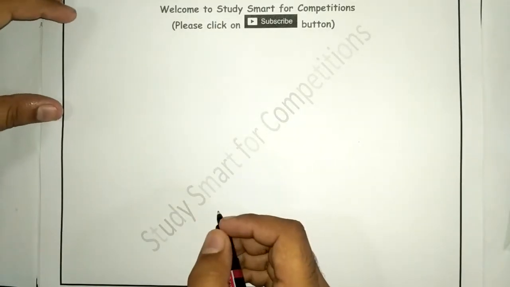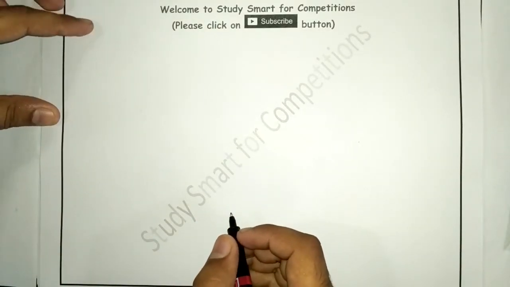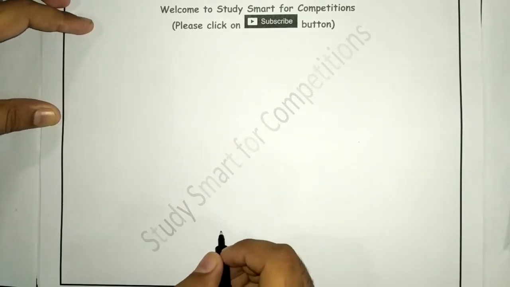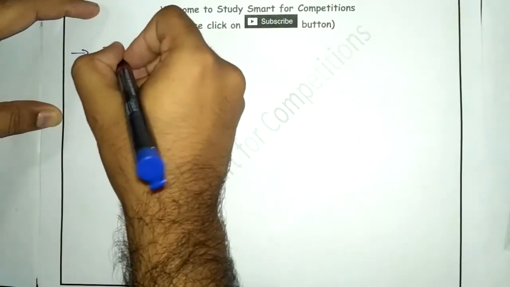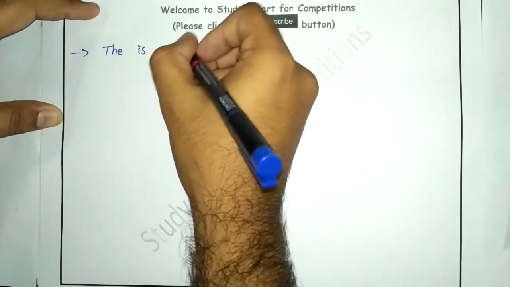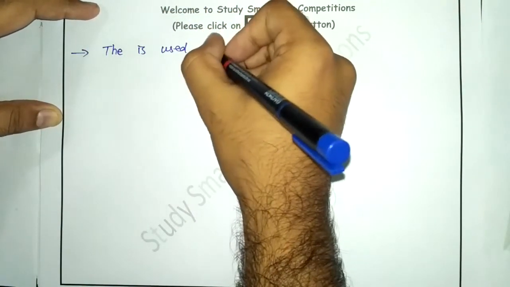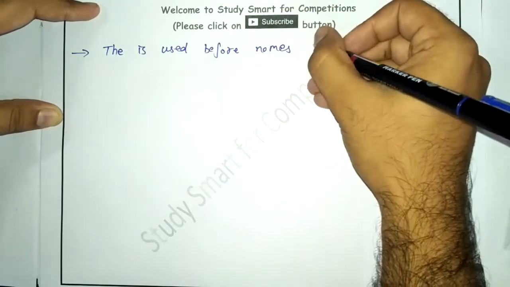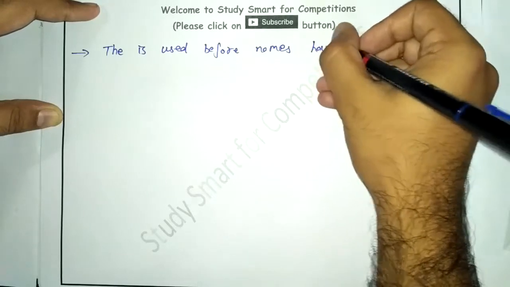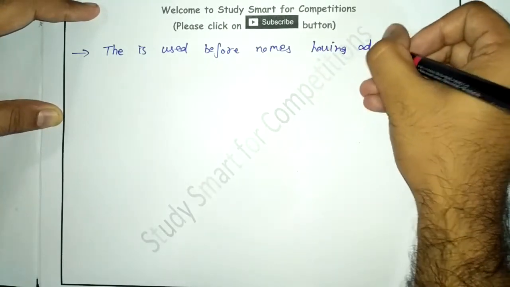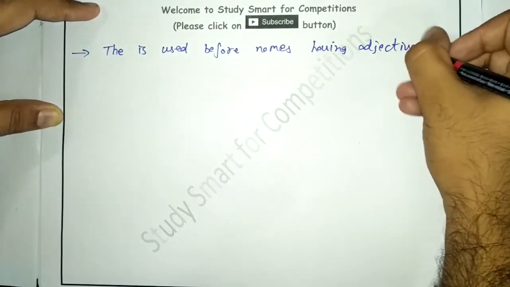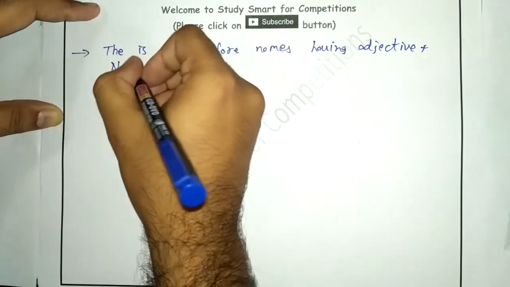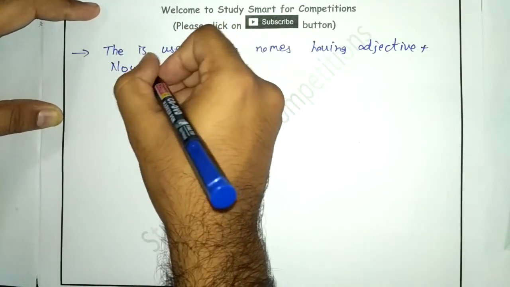So moving on to the next, the is used before the names consisting of adjectives plus noun. All right, the is used before names having adjective plus noun.